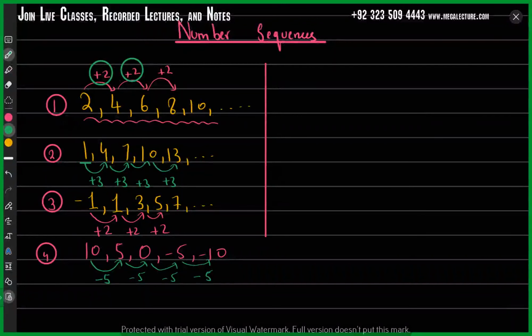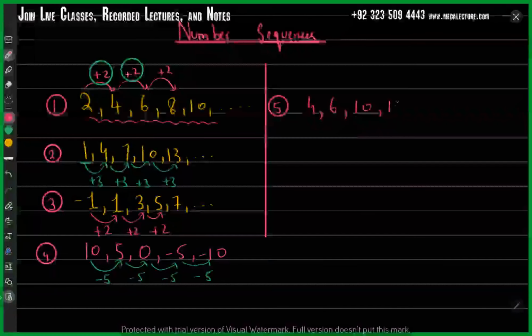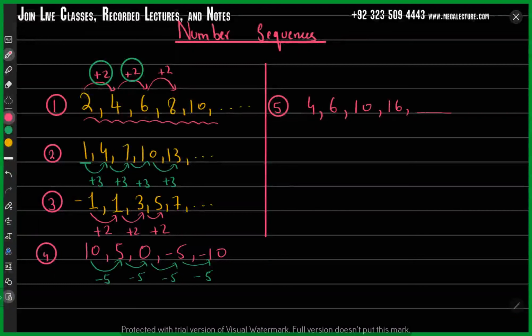Let's talk about another type of sequence. Again, that would be a sequence, but things would be a bit different there. Let me write that. Now let's say I have this sequence, the fifth one: 4, then 6, then 10, then 16, and then we will discuss what is going to come after these.